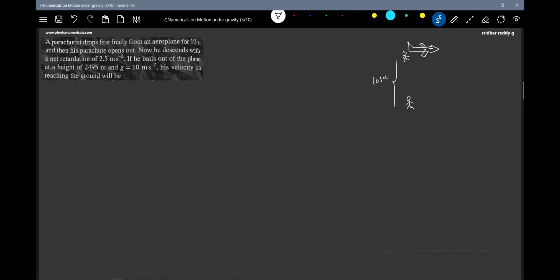Some imagination like this is very important. Writing equations is fine, but we must have a basic picture of the situation we are discussing.